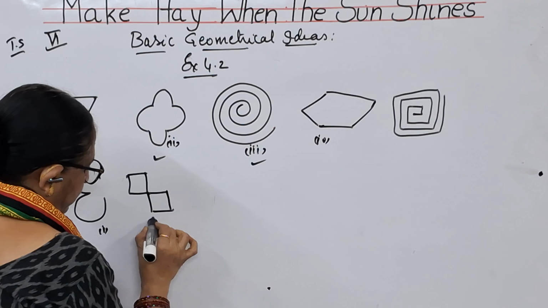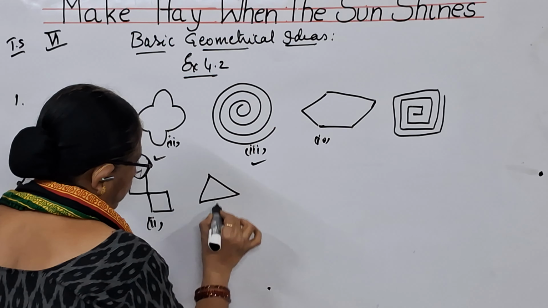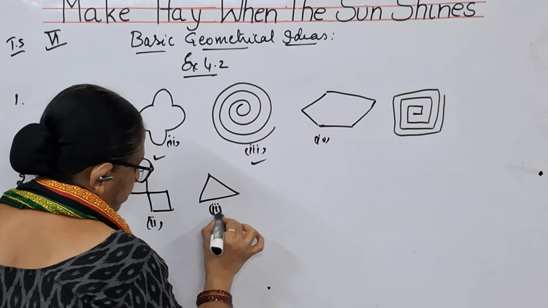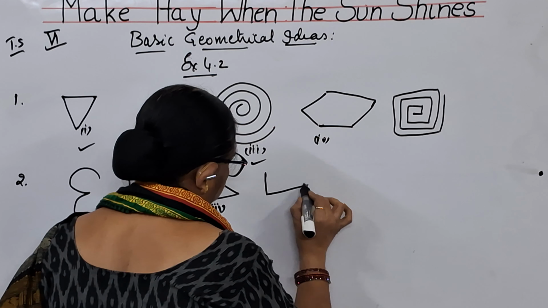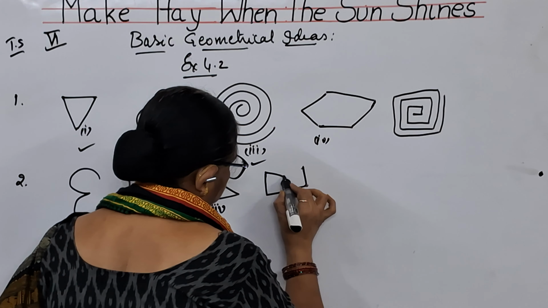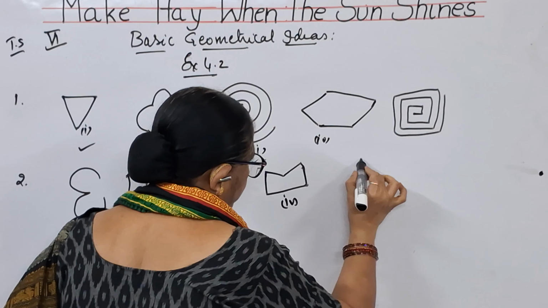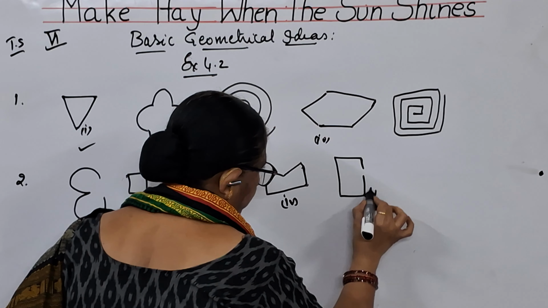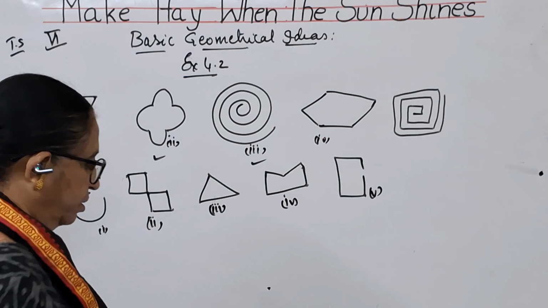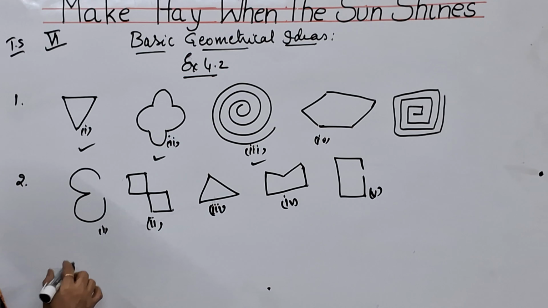This is your second bit, and this is the third bit, and this is considered as fourth bit, and this is your fifth bit. In this, state which of them are open and which of them are closed.